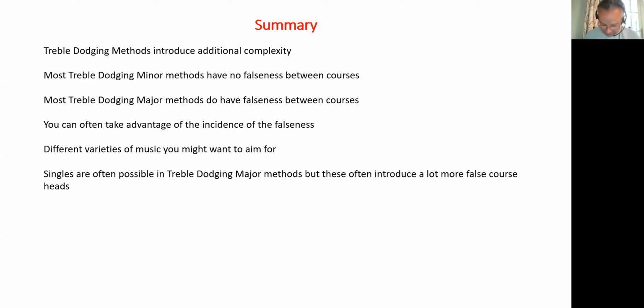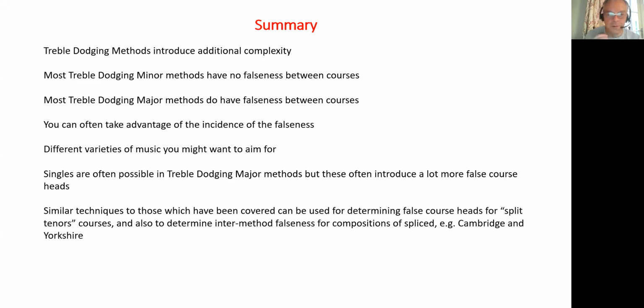But to work out those false course heads, you would go through a very similar exercise to what we did, writing out a course starting from a negative row rather than a positive row, and basically comparing all our keys against the keys for the playing course, and you'll find that there's quite a lot of extra duplication that you need to worry about.